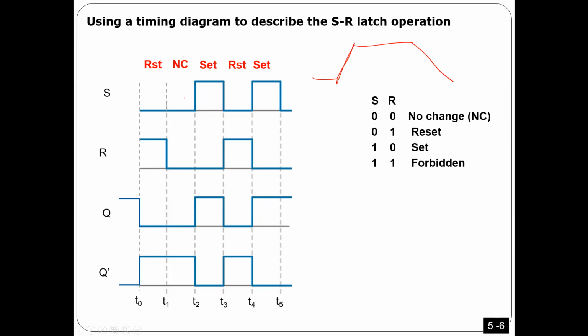Also, what I'm saying here, that you are going to have a change immediately, is not going to happen, right? There should be a delay. There is some delay here. I'm just ignoring it because to understand the functionality of a flip-flop or latch or whatever, it may be easier to do it this way. But you should understand that in reality, the change is not going to happen immediately. There is a delay. Okay. Anyway.